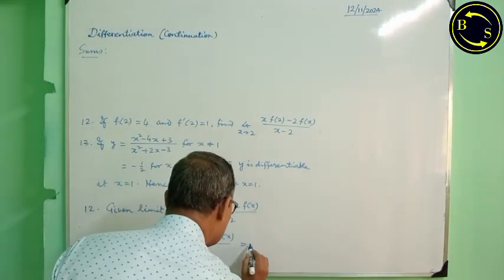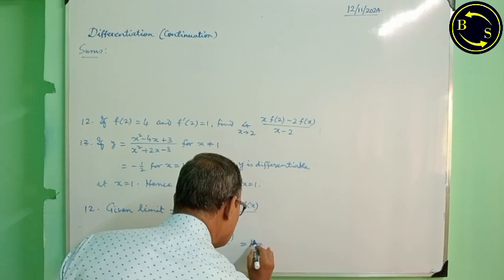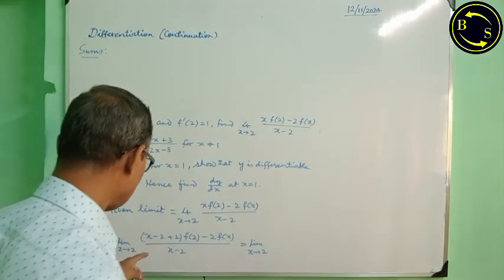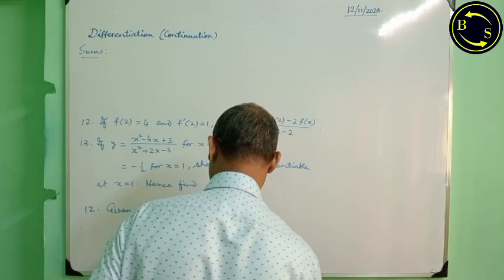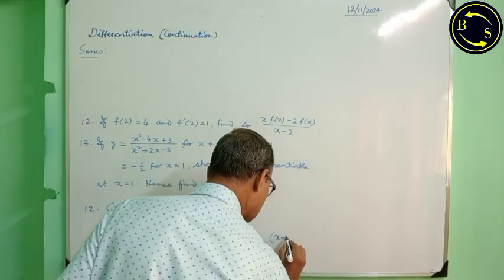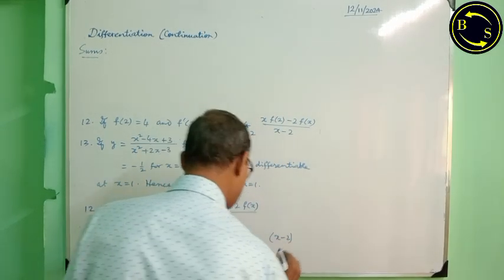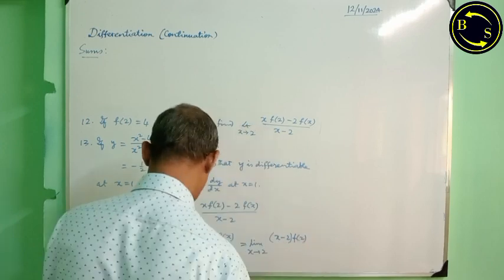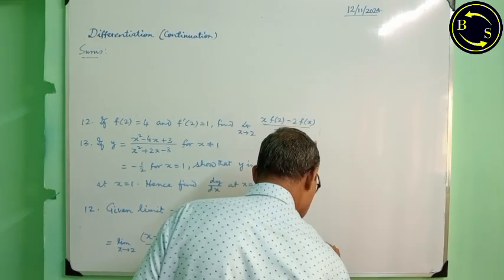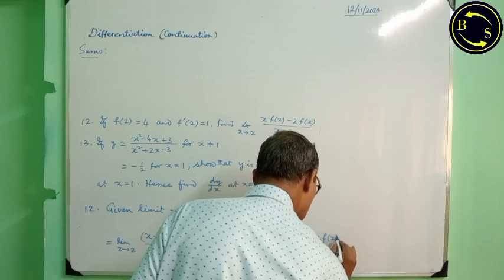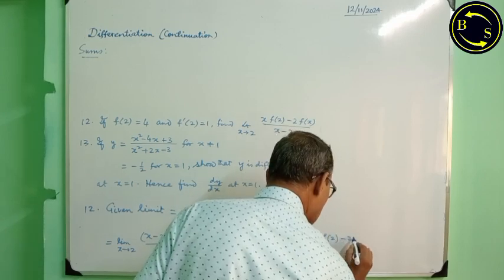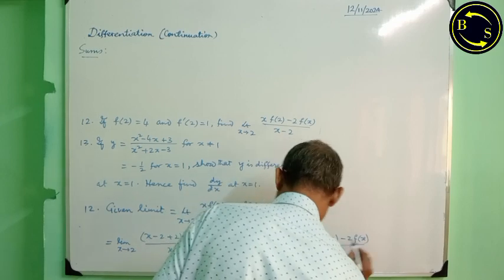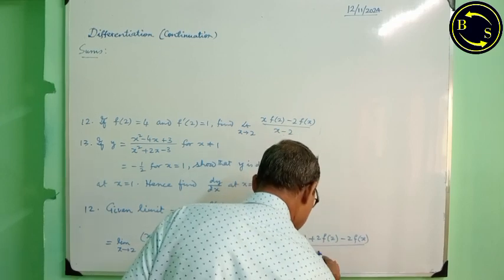That will be equal to limit x tends to 2, (x minus 2) into f(2) plus 2 f(2) minus 2 f(x), divided by x minus 2.